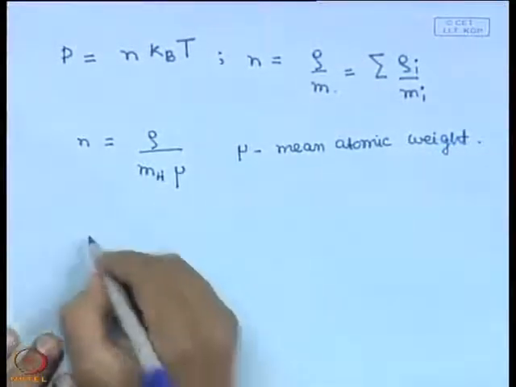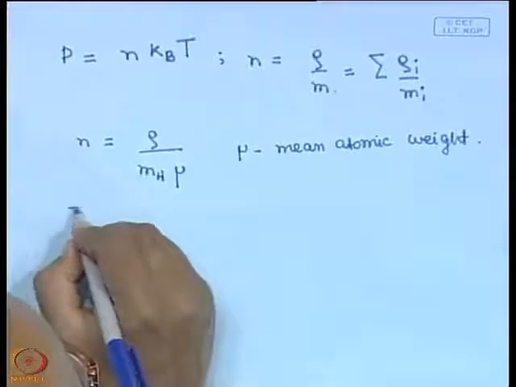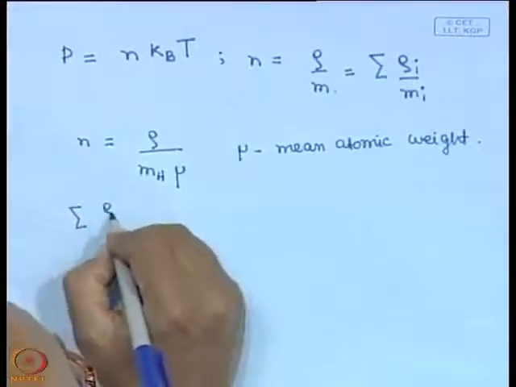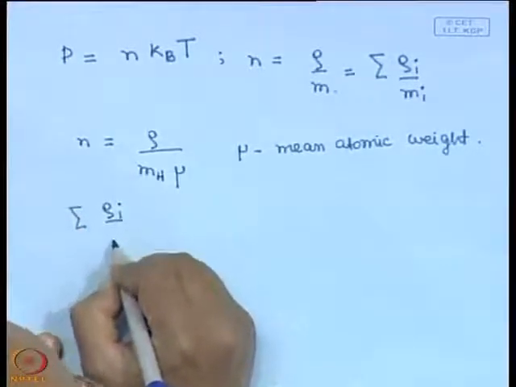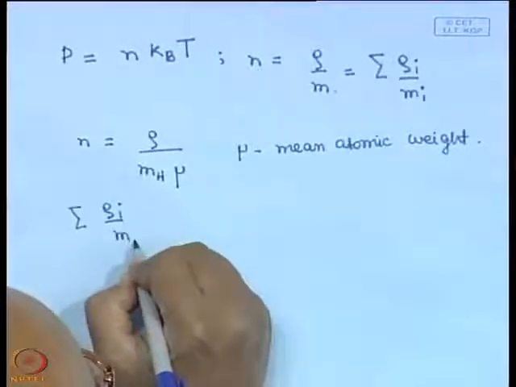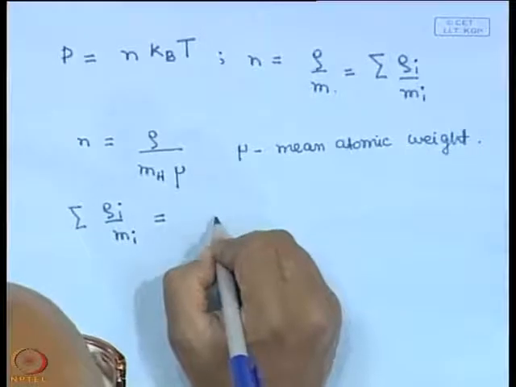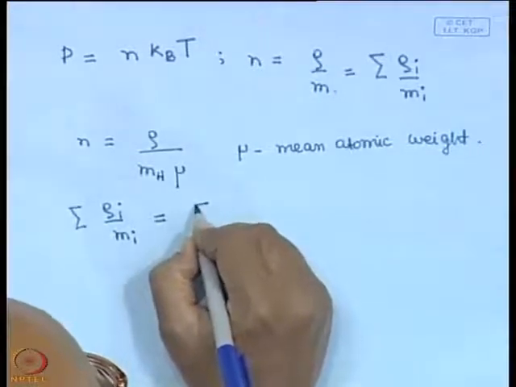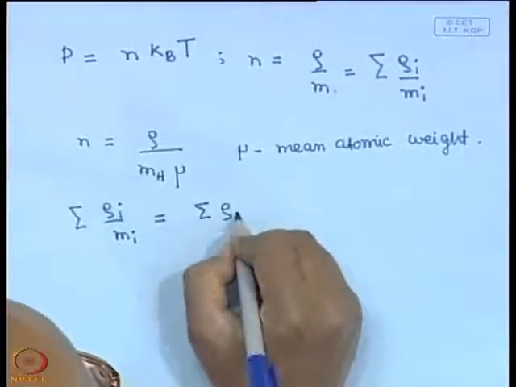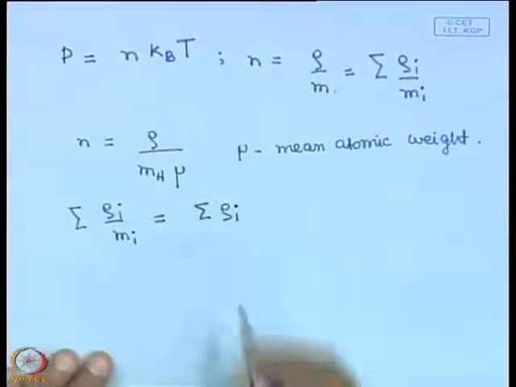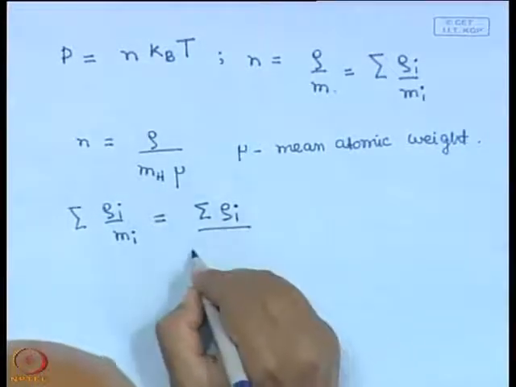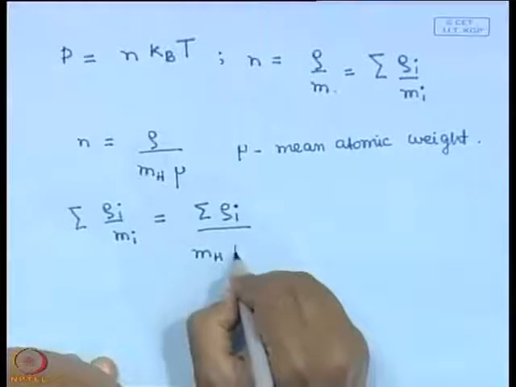Right. So essentially what we have done is we have written the sum of rho_i, m_i as equal to the sum of rho_i, which gives me the total density, divided by m_H times mu.